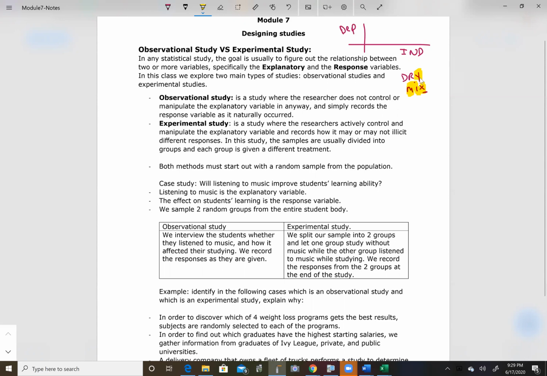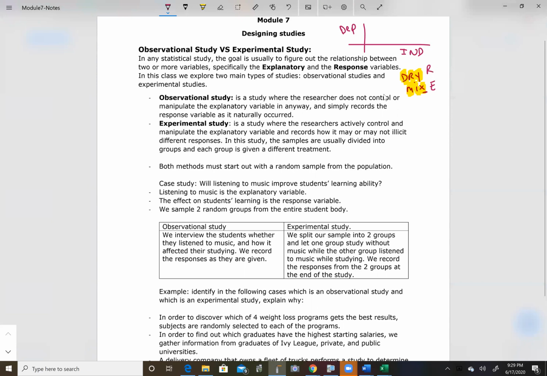On the y-axis, it could be the dependent variable or the response variable. You've probably learned this in science, or wherever you did science. But here is one more. Added to the x, we have the explanatory, and added to the y, we have the response.